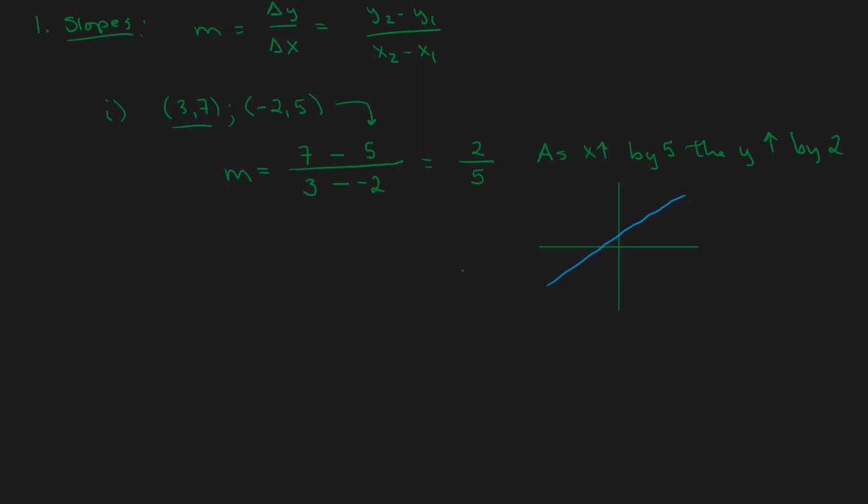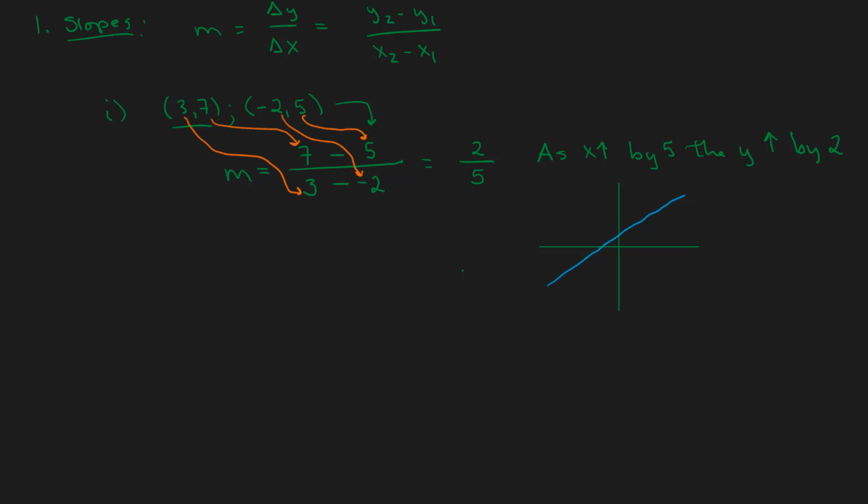They're going to be increasing when they should be decreasing, or decreasing when they should be increasing. So be sure that when you take any point, you take the y value and put it over its corresponding x value. Don't reverse the x values.